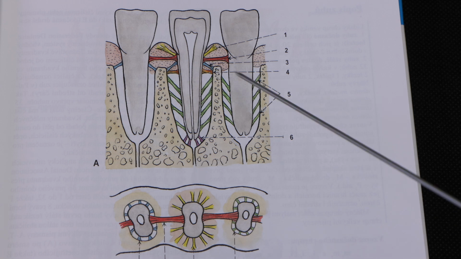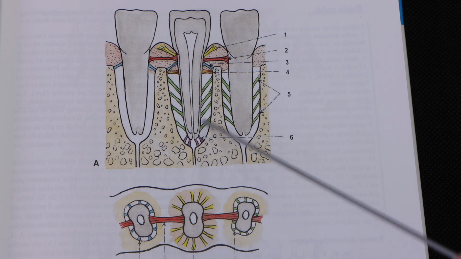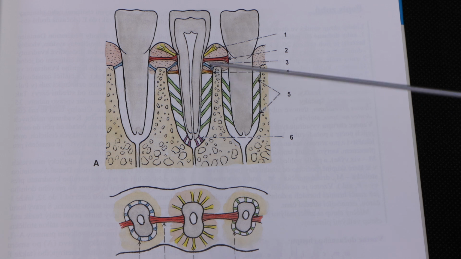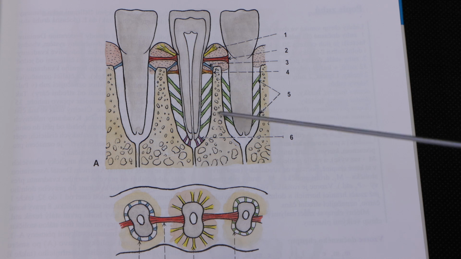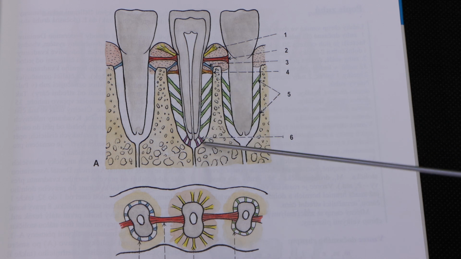It is divided into two parts. One part is the interalveolar part. The interalveolar part is composed of three ligaments: the horizontal ligament, the oblique ligament or oblique fiber, and the apical or periapical fiber.